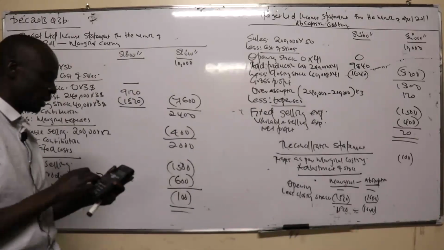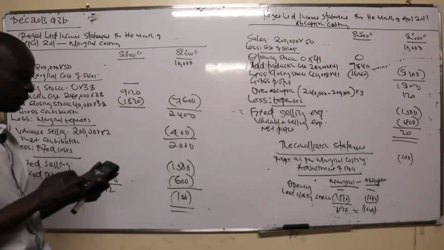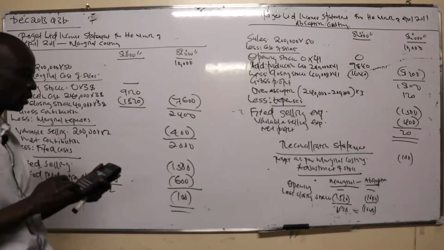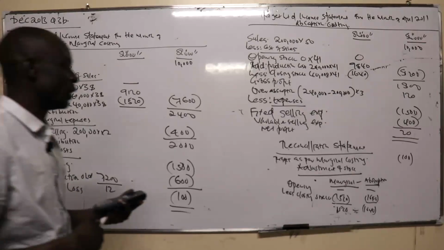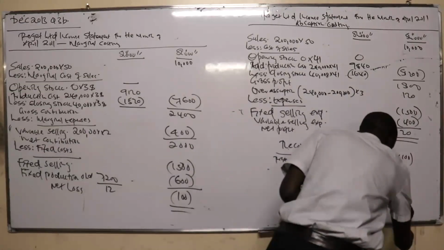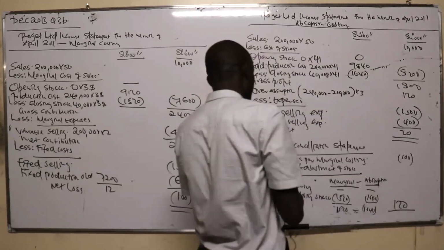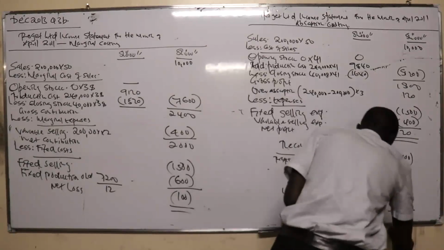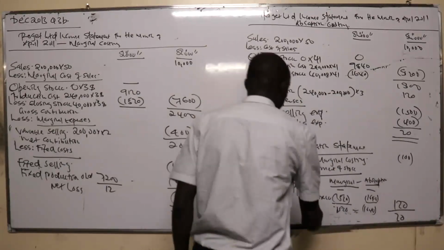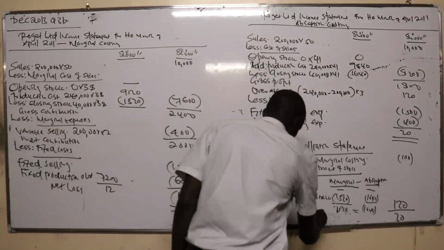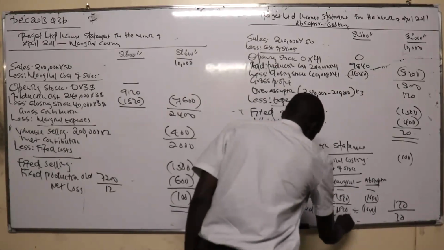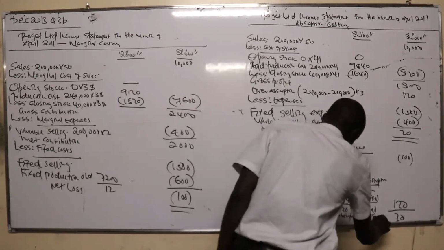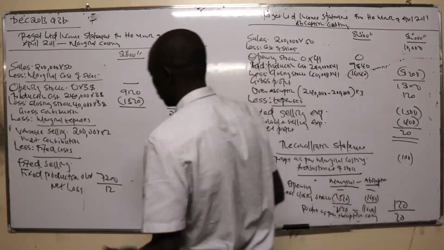It's going to give you 120. So negative 100 plus 120. So this is 20. That's profit as per absorption costing. That is how we do that one.